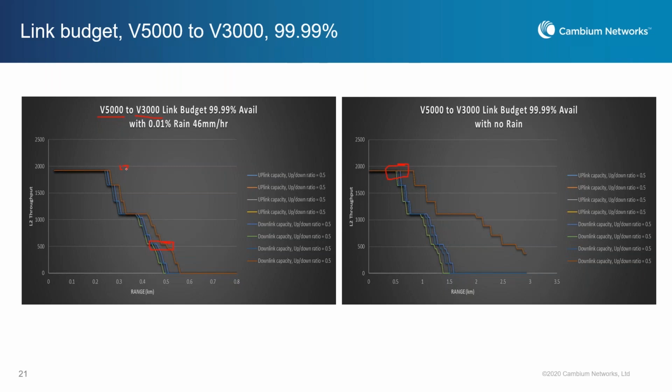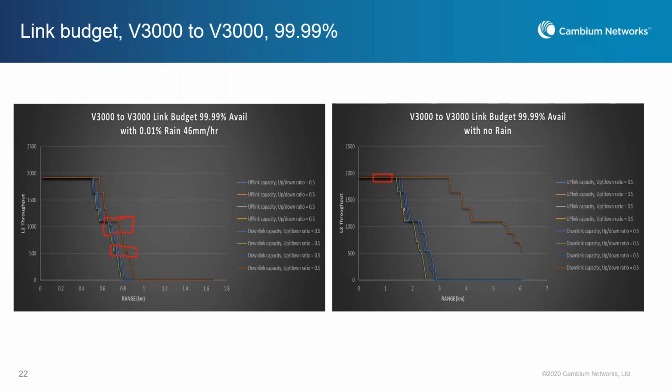In the extreme case, if you say I don't care about link availability, I just want to know the extreme distance I can reach, it's about 4 miles or 6 kilometers. That will be the longest range you can achieve using V3000. And you can see the peak throughput per direction is 1.9 gigabits using the V3000.